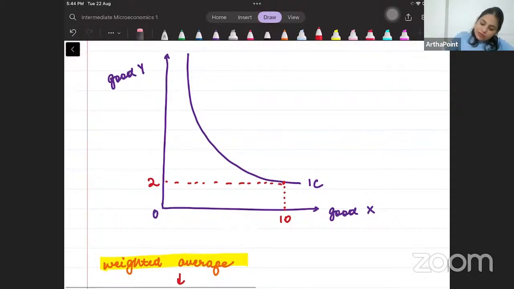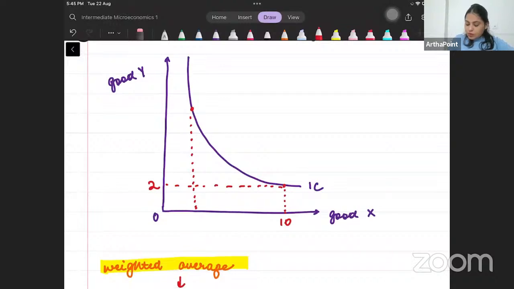And my second point, beta, let's say I can take 2 here and 10 here. 2 points ले लिए मैंने. I can name this as point A and this as point B.